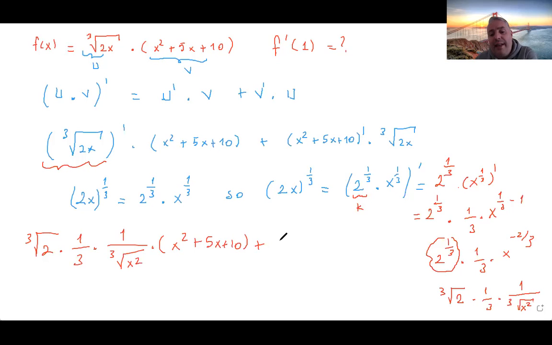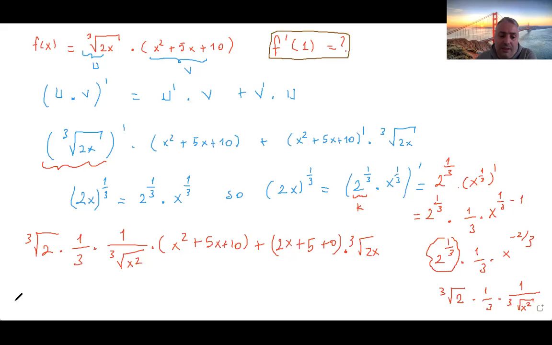So the derivative of x squared is 2x, the derivative of 5x is 5, and the derivative of 10, a real number, is always 0, times the cube root of 2x. We can order this, we can equalize the denominator, we can do lots of things, but forget about them. The question is, what is the derivative of the function when x is 1?